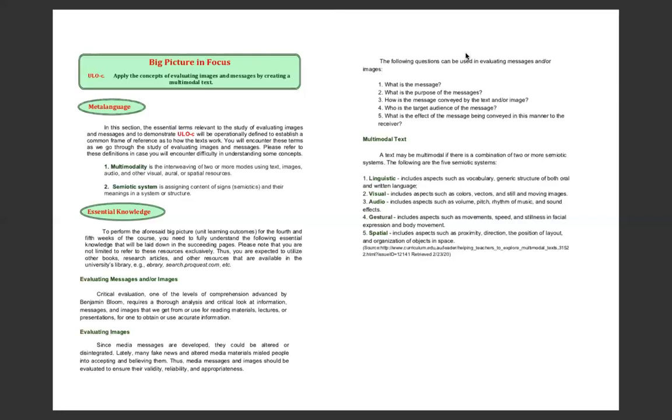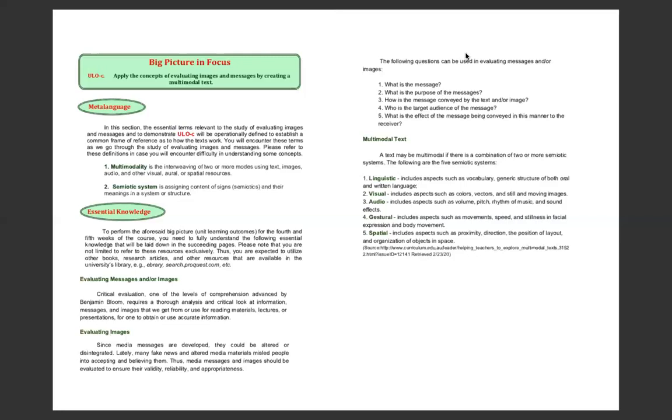It includes aspects such as vocabulary, generic structure, or both oral and written language. So linguistics, more on the vocabulary and the structure of the written or oral language. Second is visual. It includes aspects such as colors, vectors, and still and moving images. So we call it visuals.